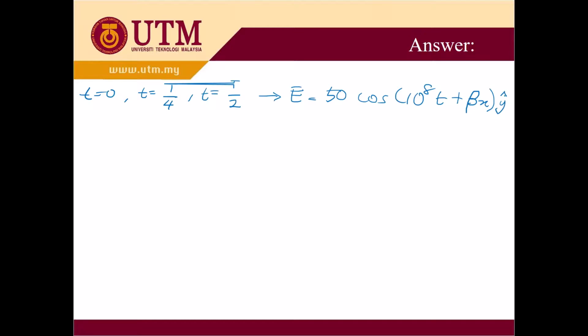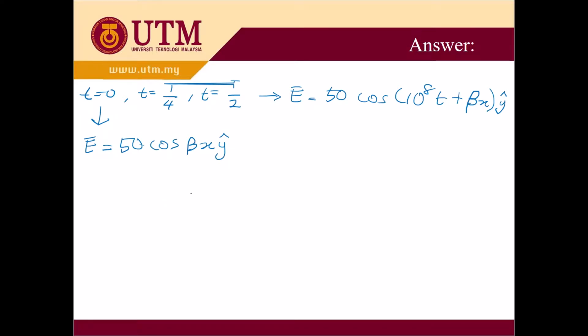This is our original expression, and we already calculated beta, so you can use it later on. So when t equal to 0, the expression becomes E equal to 50 cos(beta x) in y. This is quite simple.